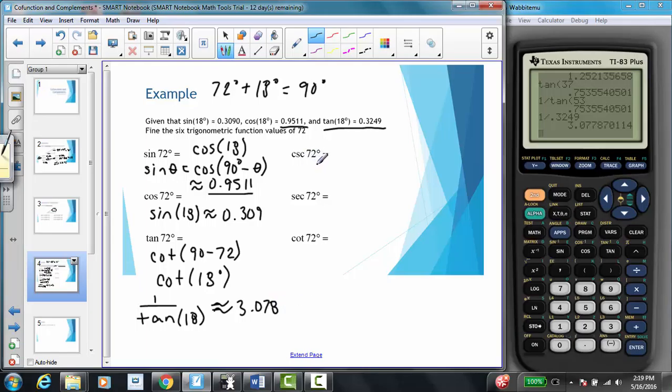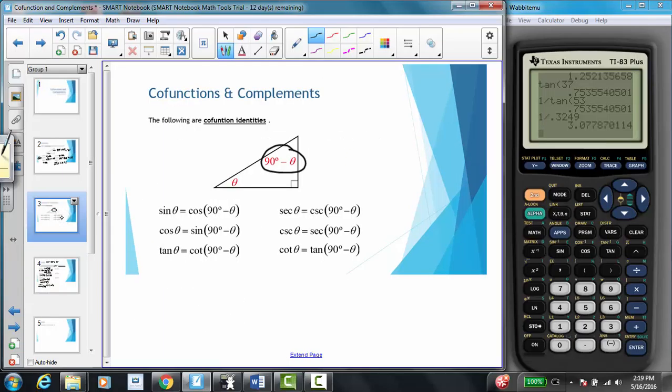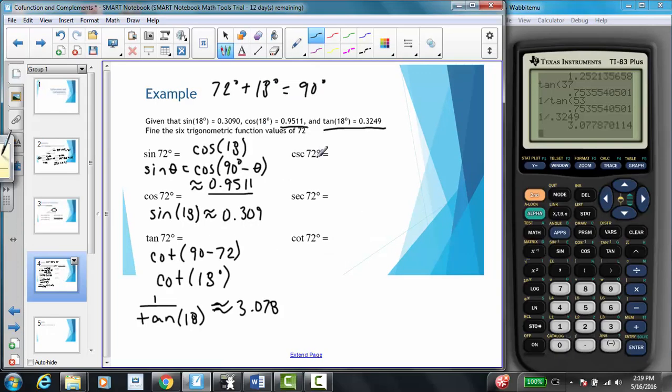All right, the cosecant of 72 degrees. The cosecant equals the secant of 90 minus that angle. So I have the secant of 90 degrees minus 72 degrees. So I need the secant of 18 degrees.